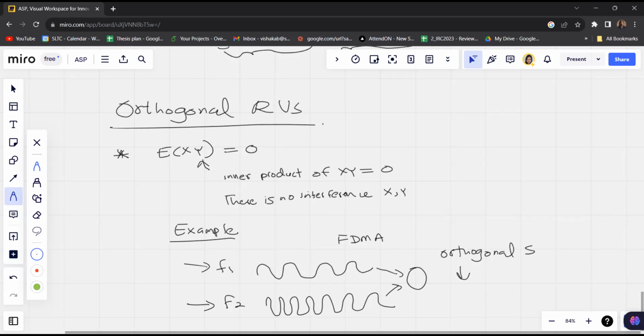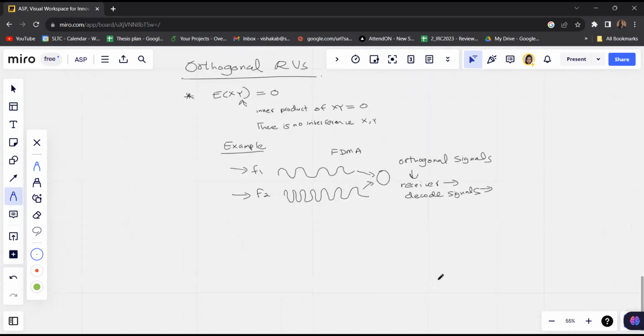So if we send orthogonal signals, the receiver will be able to decode the signals easily. If there is some kind of relationship between these two signals, like if the orthogonality is not there, then there's interference from one signal to the other, such that we need to remove that when decoding the signal.